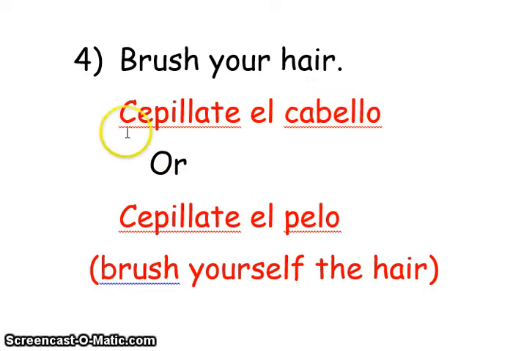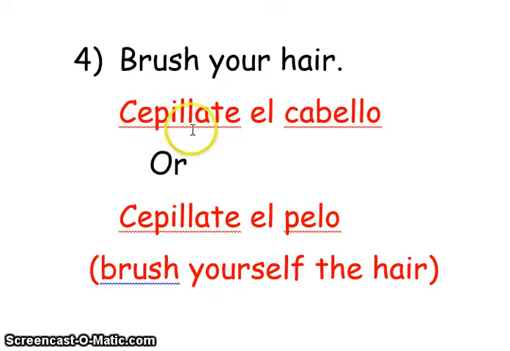So it's cepíllate el cabello, and you're saying brush yourself. Cepíllate means brush yourself, and el cabello means the hair. So brush yourself the hair. It's odd, but that's what you're actually saying. But it is correct. No one will laugh at you when you say that in Spanish because that's the way the sentences are structured.